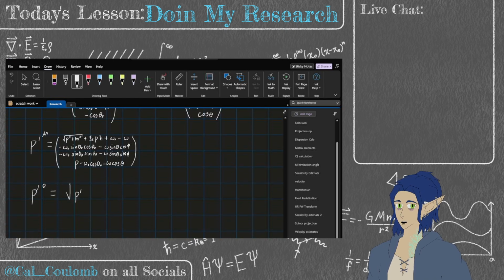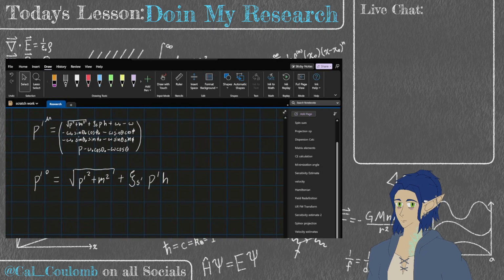And if it doesn't have an index, I know that I'm talking about the magnitude of the 3 vector. P prime squared plus m squared plus, let's see, s prime p prime h. And here this h is the same h that we had before.